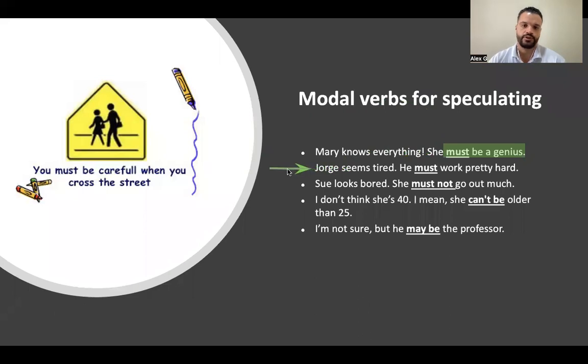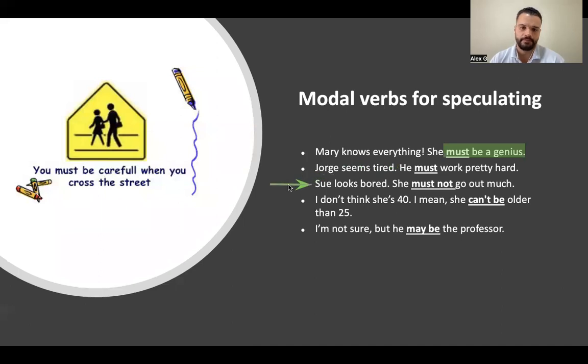The next example is George seems tired. He must work pretty hard. And because we're looking at him, we can see that he's a little drowsy, he's a little tired. We're sure, or we're pretty certain that he must work pretty hard.